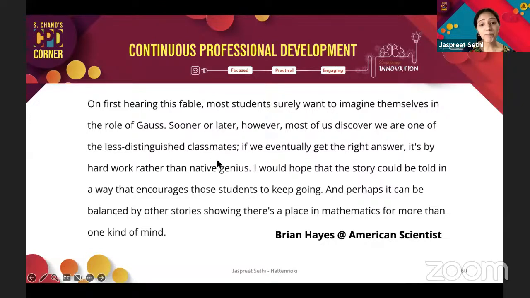And Brian Hayes' hope is that the story could be told in a way that encourages those students to keep going. And perhaps it can be balanced by other stories showing that there's a place in mathematics for more than one kind of mind, which is when you want to bring in real life and also so many other mathematicians who have not always had these epiphanies.